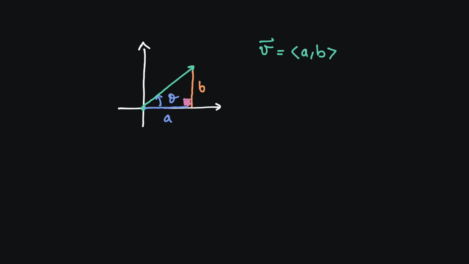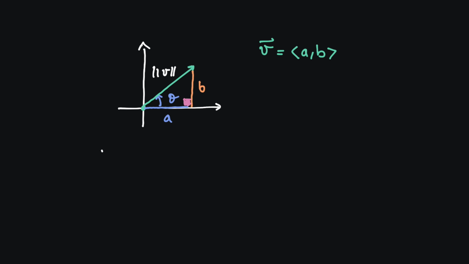Notice that we can use the trigonometric ratios to find the vertical and the horizontal components. Remember that this is the magnitude, so let's call this magnitude v. We can relate these quantities using trigonometric ratios.